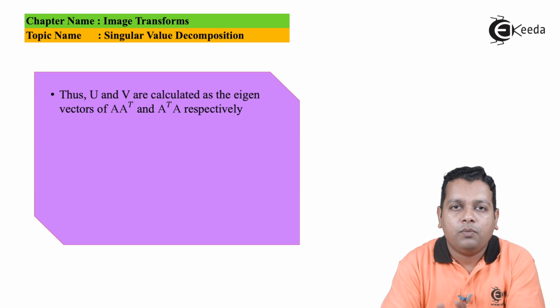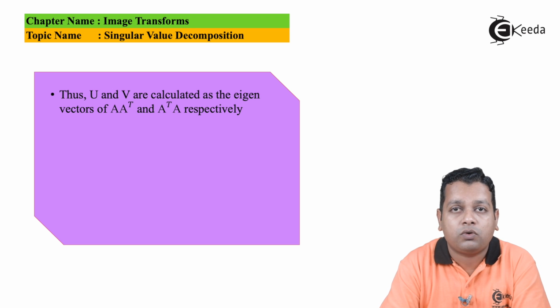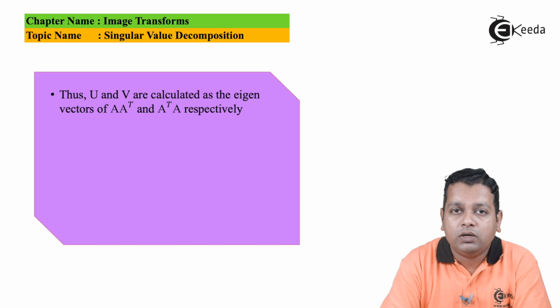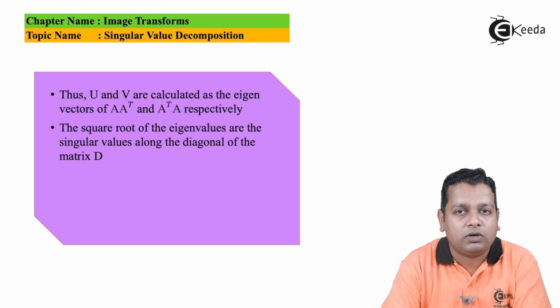The decomposition we have just seen is A is equal to U into W into transpose of matrix V. Here U and V are calculated as the eigenvectors of A A transpose and A transpose A, and the square roots of these eigenvalues are the singular values along the diagonal matrix D. Sometimes this central matrix, represented by capital W, is also represented by capital D, as it has diagonal elements only.